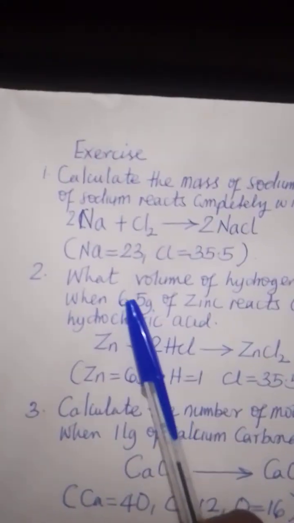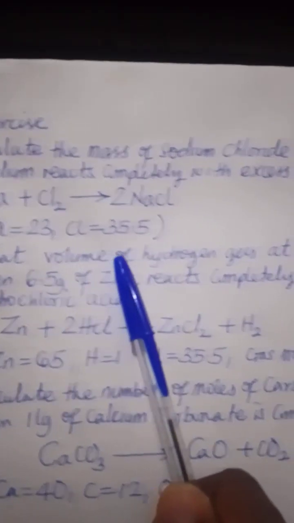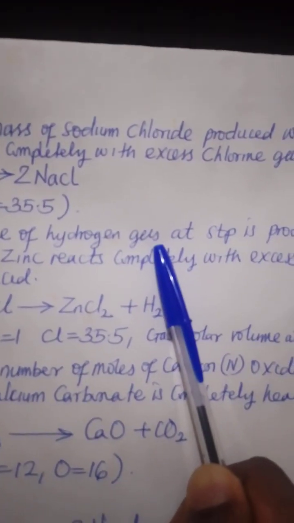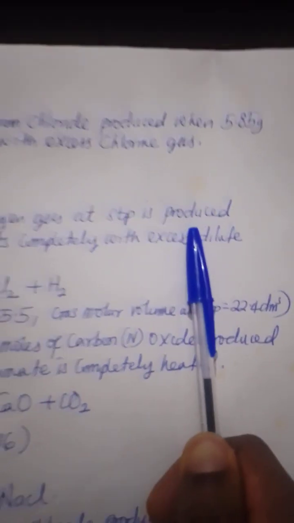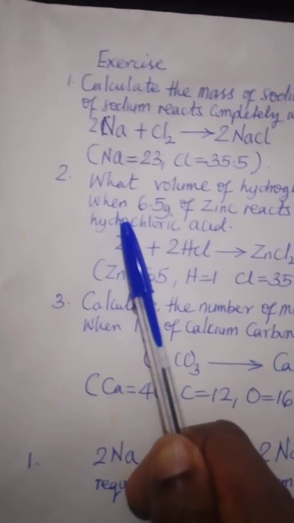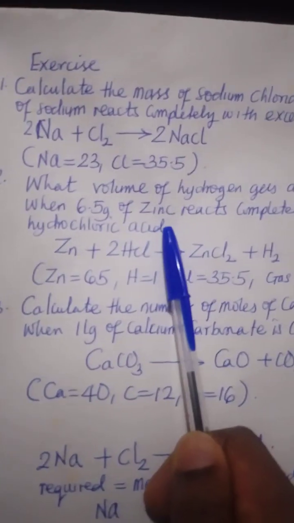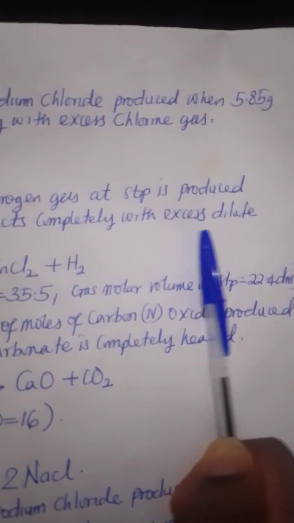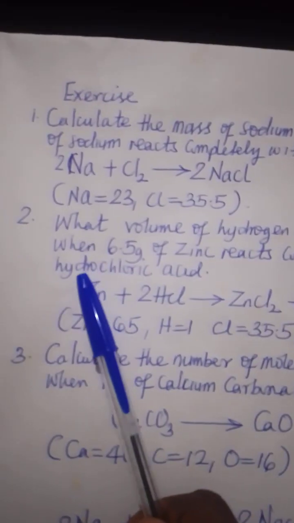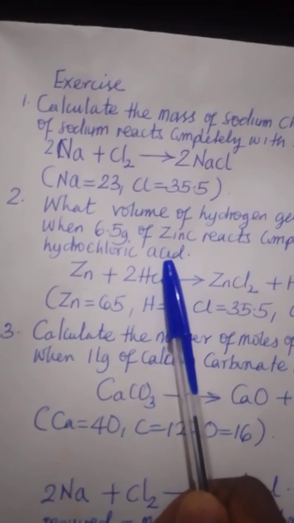Number 2 says, what volume of hydrogen gas at STP is produced when 6.5 grams of zinc reacts completely with excess dilute hydrochloric acid?